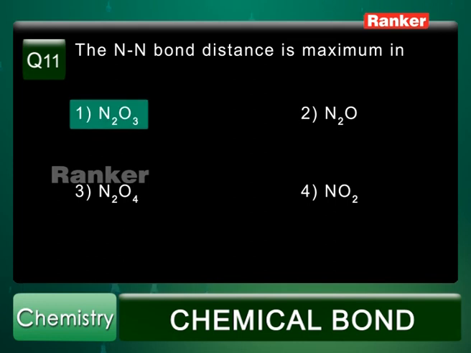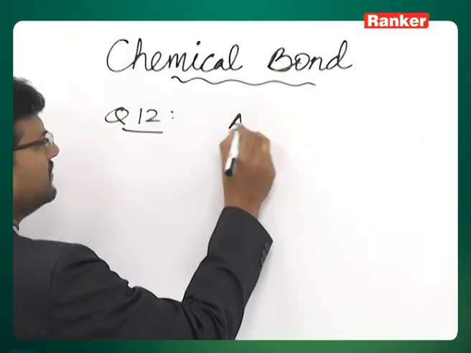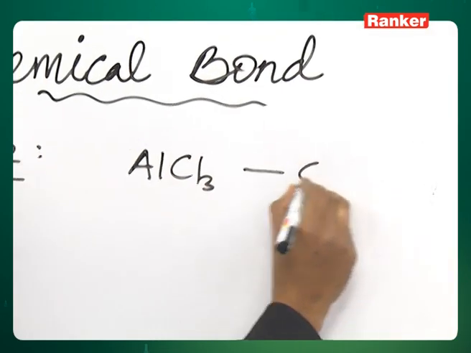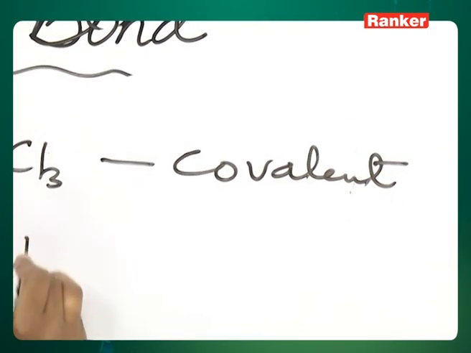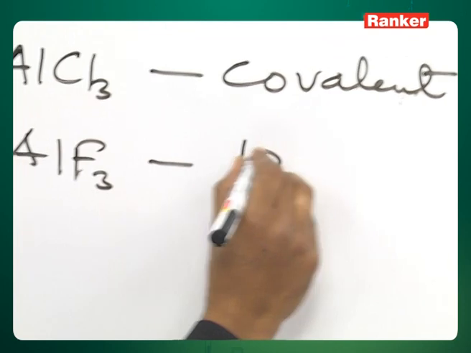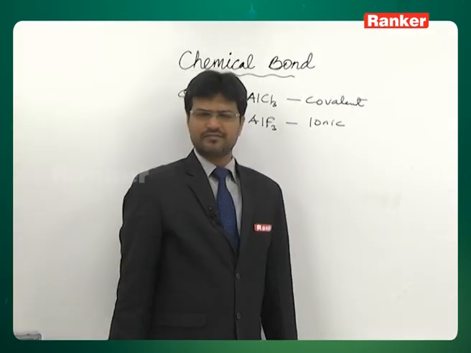Question number 12. AlCl3 is covalent while AlF3 is ionic.